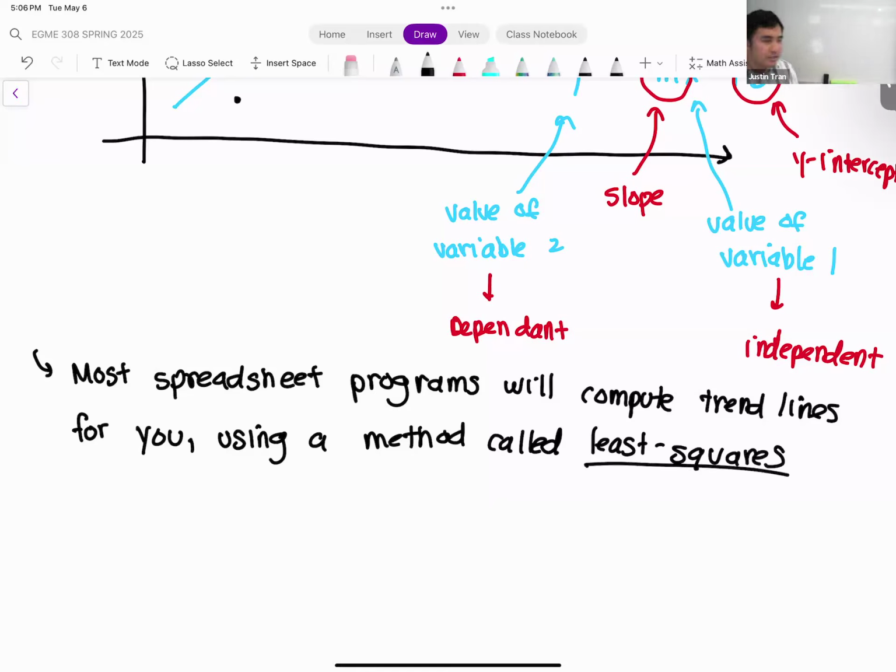And basically the idea with least squares is that they're going to choose the values for the slope and the y-intercept so that the square of the distance between the trend line and each of the data points is minimized.